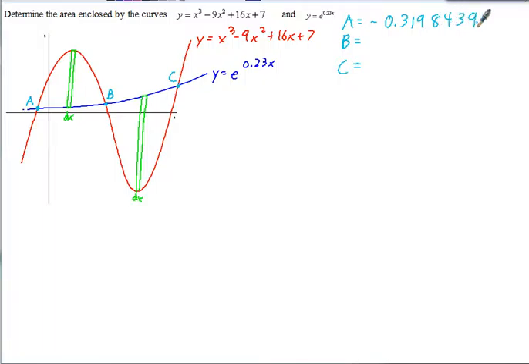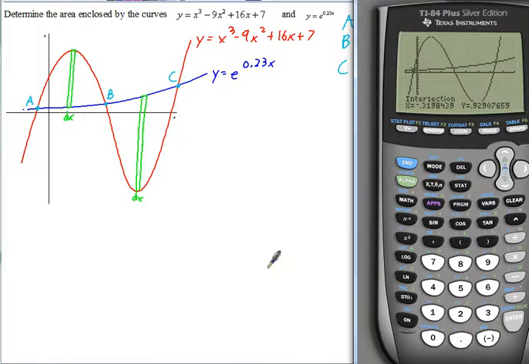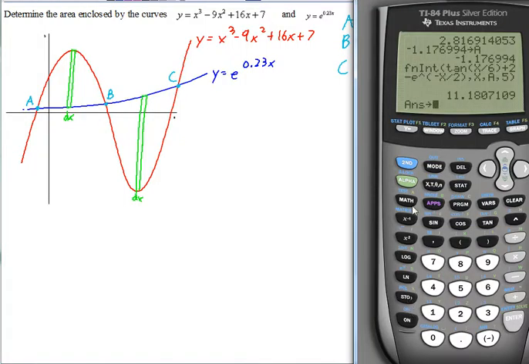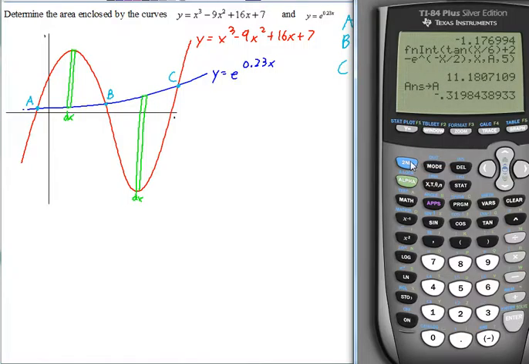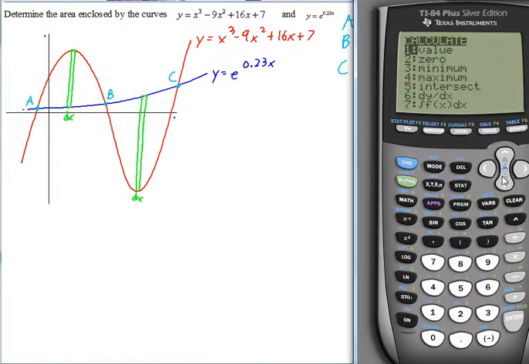And let's store it in our calculator as A.